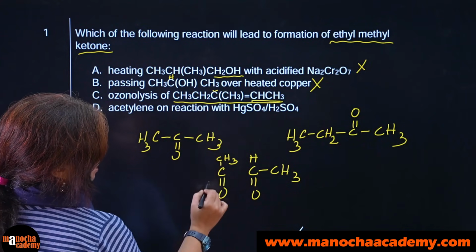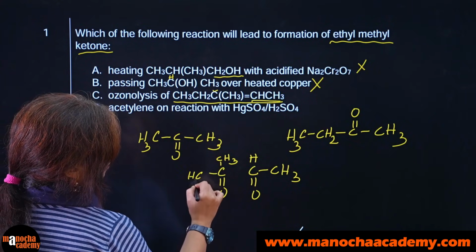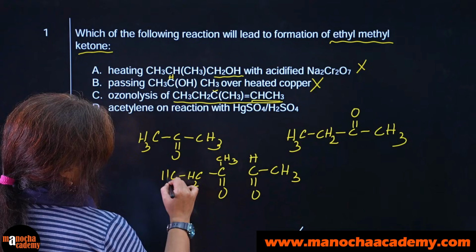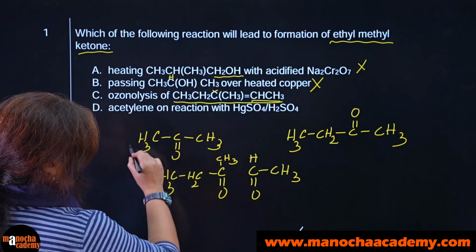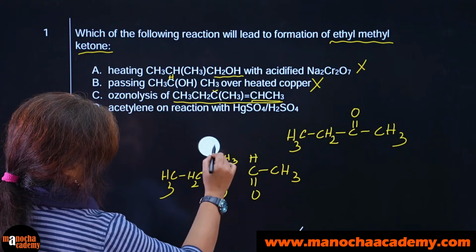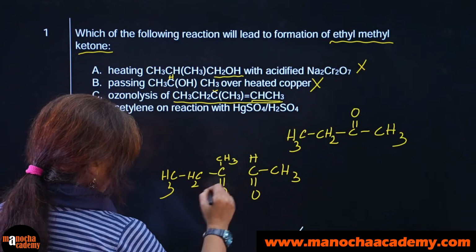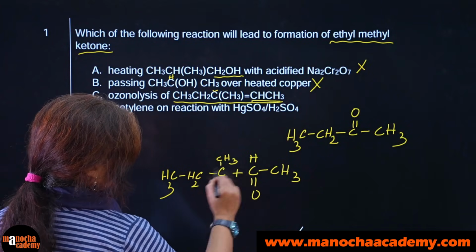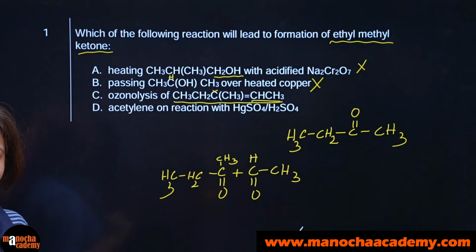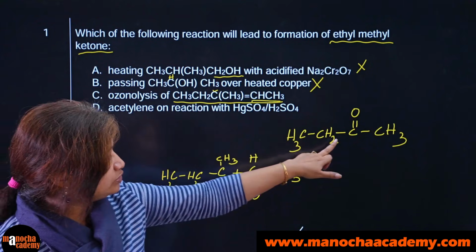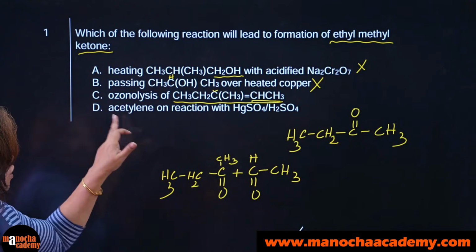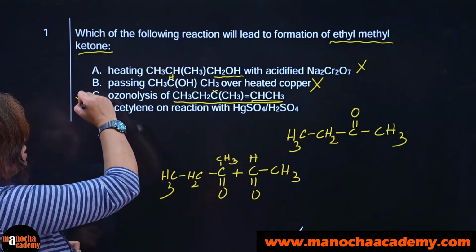Then CH2, CH3 is written here. I rub this because you'll get confused. So you get here this plus this, right? So this corresponds with this structure. So from here we see that ozonolysis is the correct answer.